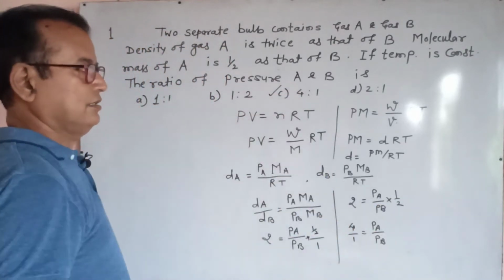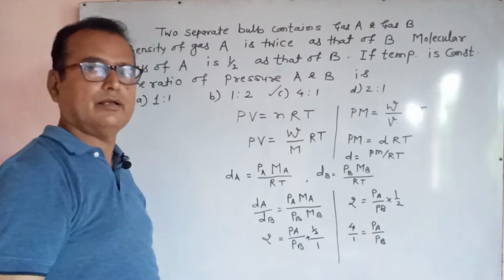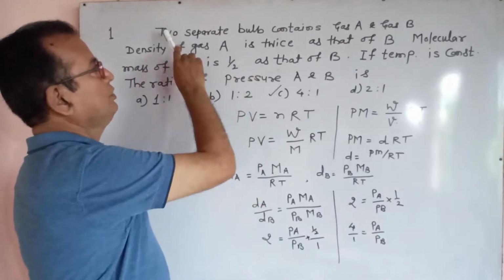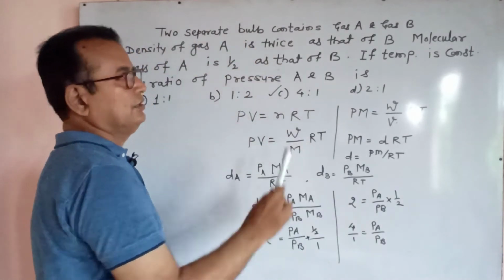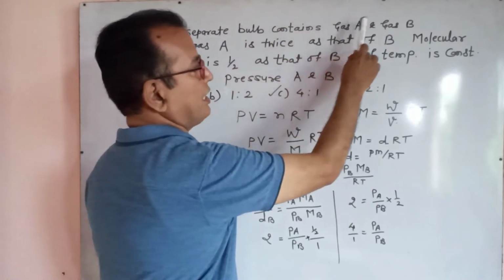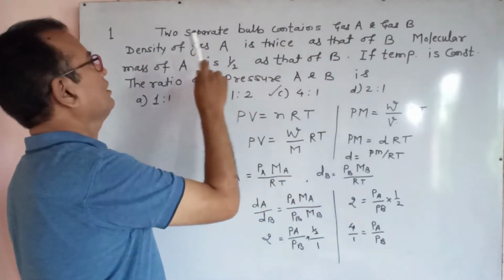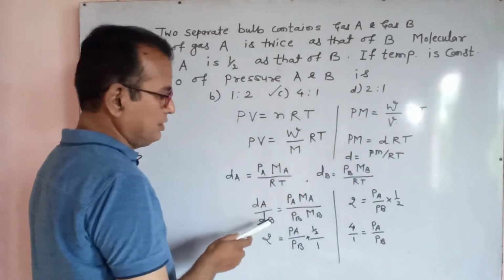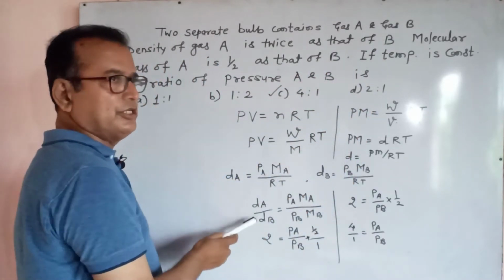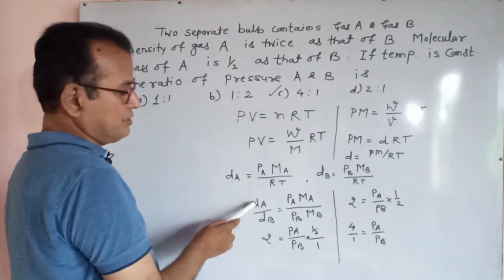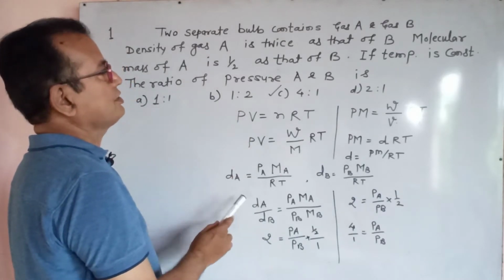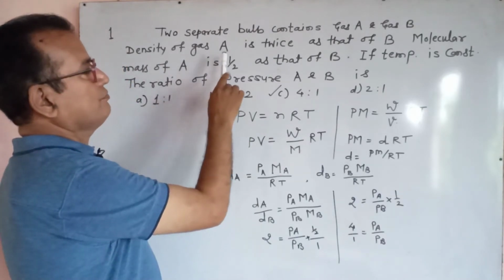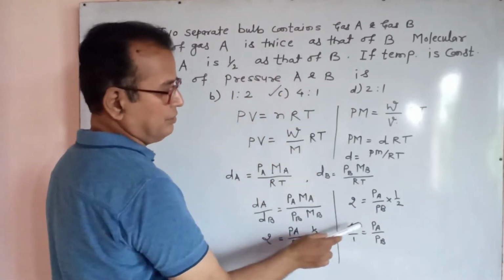It is the answer. Again, I am giving an idea about this problem. Two separate bulbs, in these two separate bulbs, gas A and gas B are there. The density of gas A is twice that of B, which means the ratio of density of A and density of B is 2, and dB gets cancelled. The molar mass of A is 1 by 2 that of B, which is 1. The ratio between them is 1 by 2.